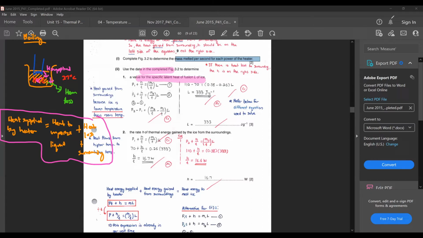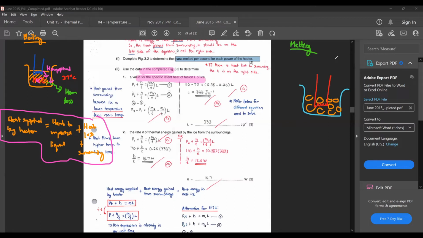Now, when you're talking about melting ice, this one is slightly different. Again, I still have the same beaker, but this time I have ice. Let's say that these are all ice. Again, I have my heater.